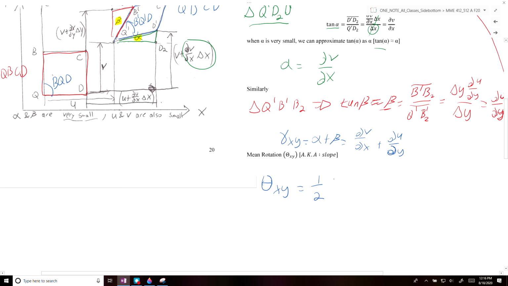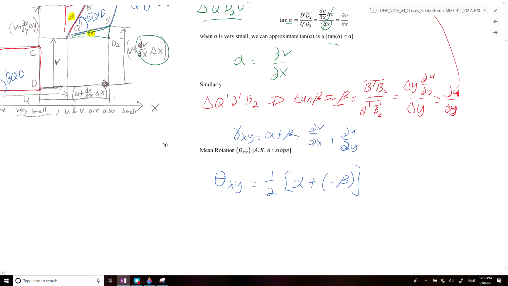So it'll be equal to 1/2 of alpha plus negative beta. So it's the average of the two angles that the system rotated by, which gives alpha minus beta over 2.